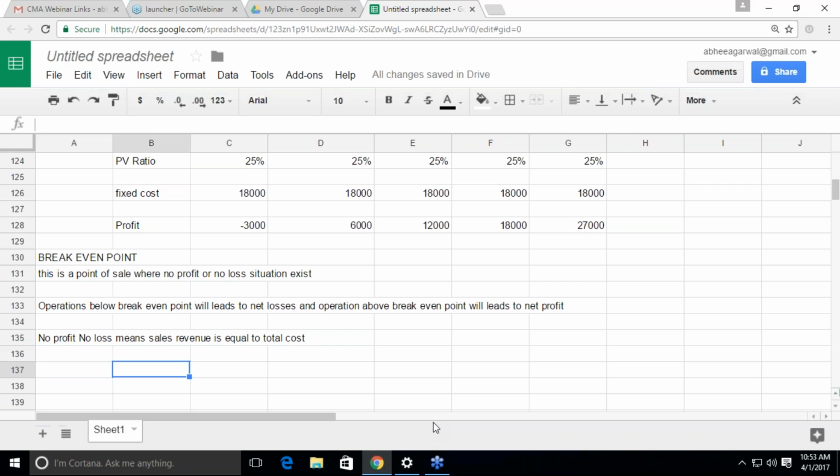Sales revenue is equal to total cost. So if I want to formalize it, I can say sales is equal to variable cost plus fixed cost. This holds in the situation of break-even point.